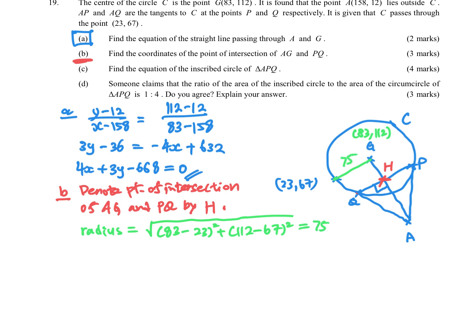At the same time, A is given to be (158, 12). Good.